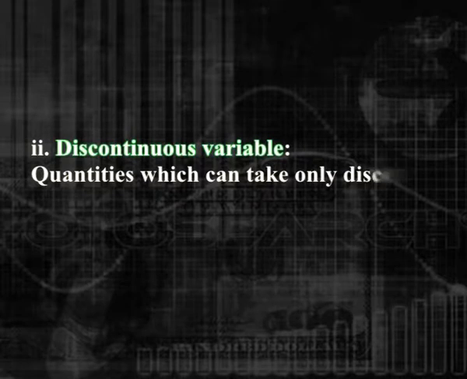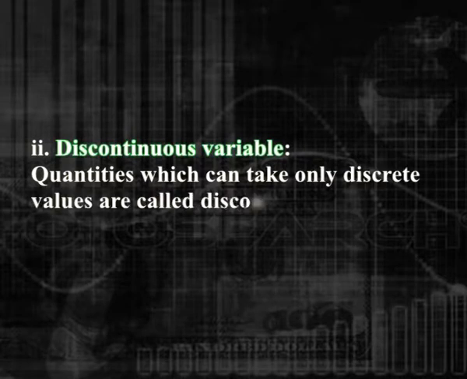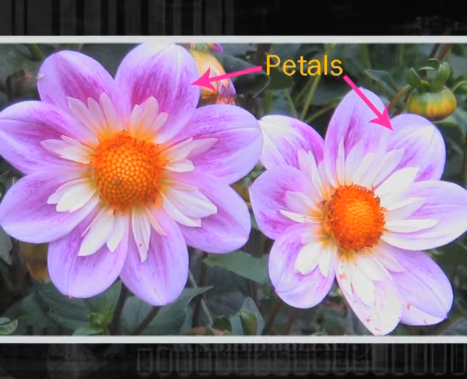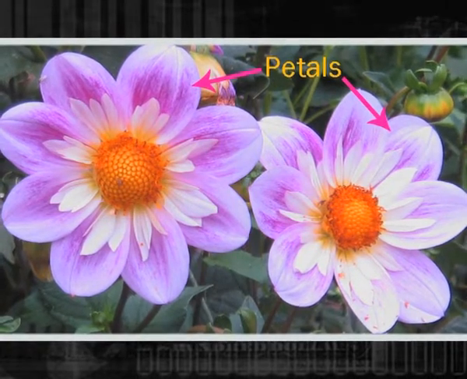Second, discontinuous variables: quantities which can take only discrete values, for example the number of petals in a flower.